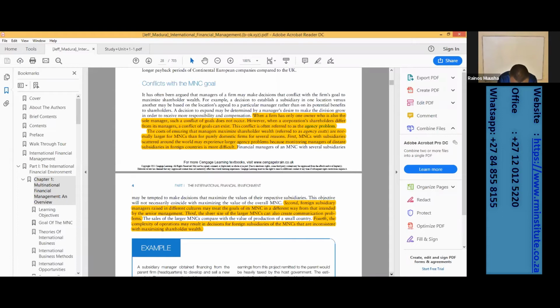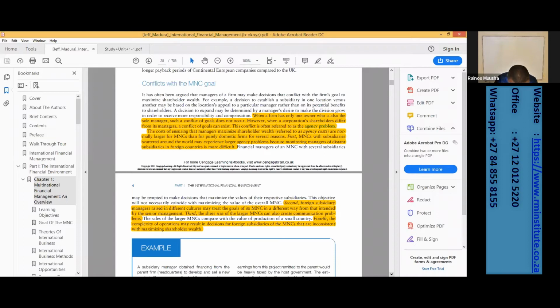Then on the next page, on line number 2, they say, second, foreign subsidiary managers raised in different cultures may treat the goals of the multinational company in a different way from that intended by the senior management, just like what I was discussing.